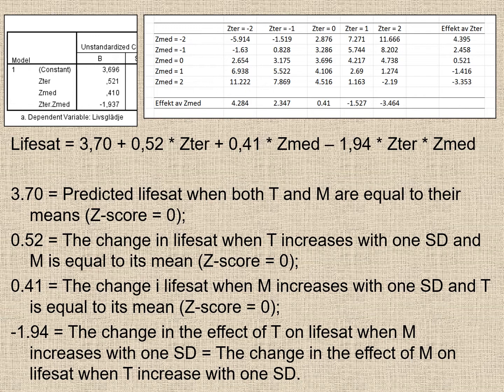So if medication increases from -2 to -1, the effect of therapy goes from 4.4 to 2.4. If we increase medication even further, the effect changes even further. In this case, it decreases.